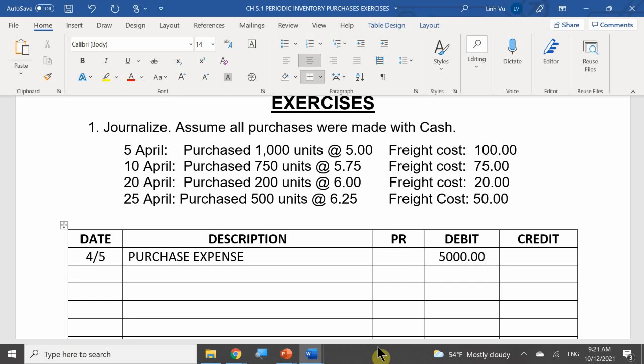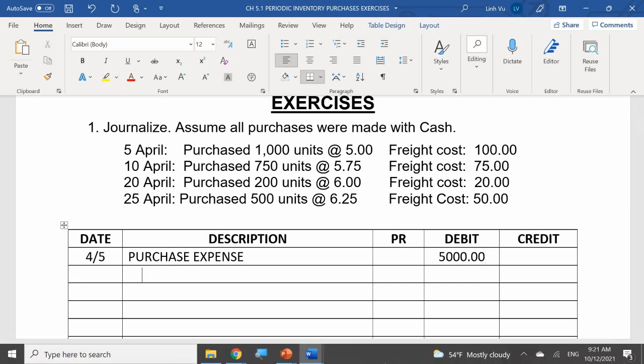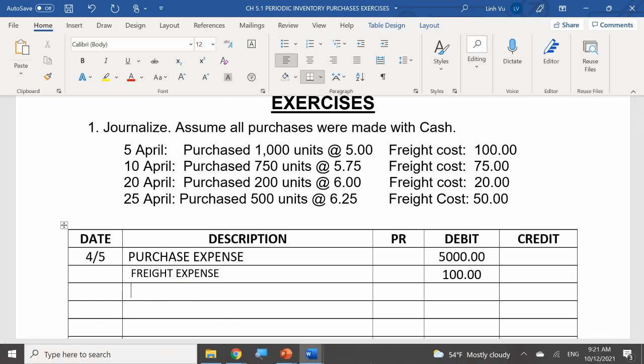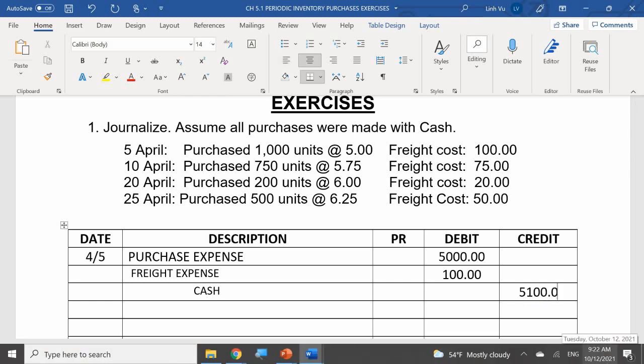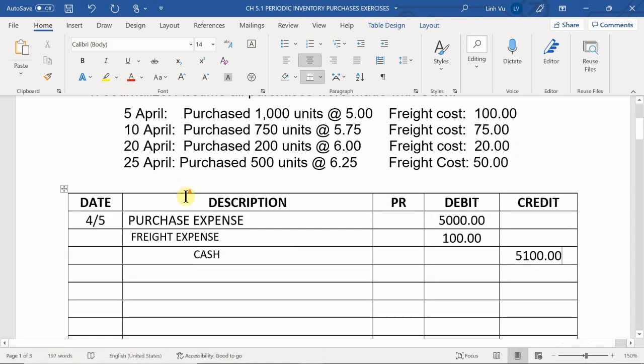Okay. What else? And a freight expense of 100. Good. Freight expense of 100. Okay. How did I pay for it? With cash. You paid with cash. Okay. For a grand total of 5,100.